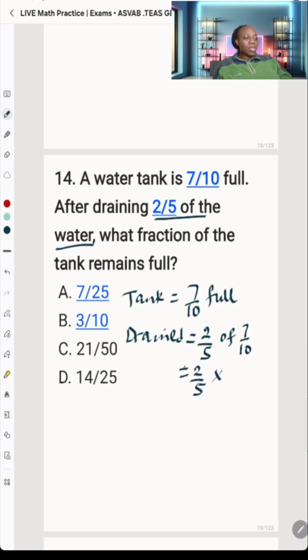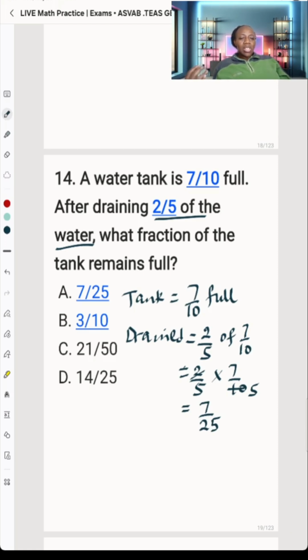So 2/5 times 7/10. Then 2 can easily divide 10. This one will be 5. So that's going to be 7/25. So 7/25 is the portion drained, right?